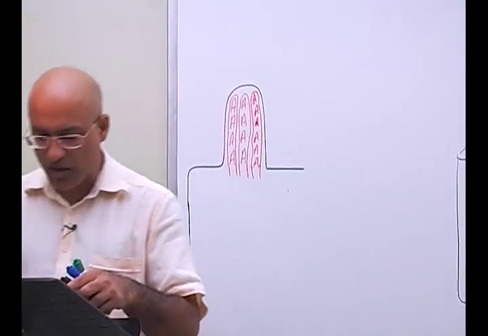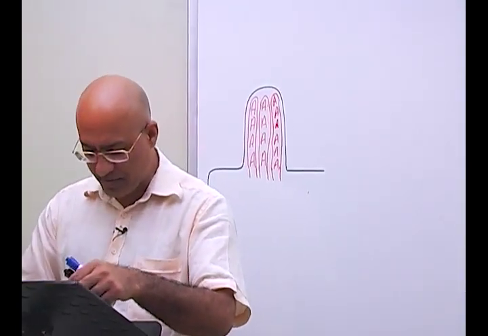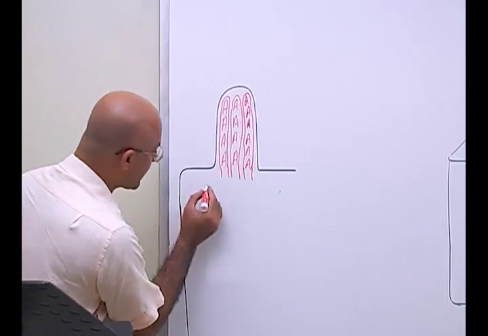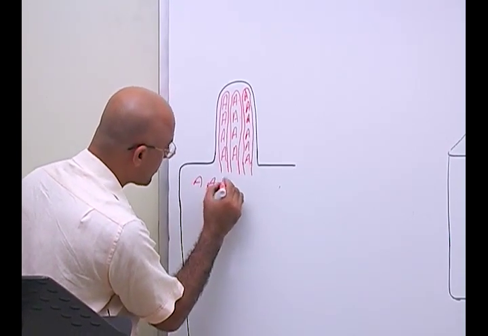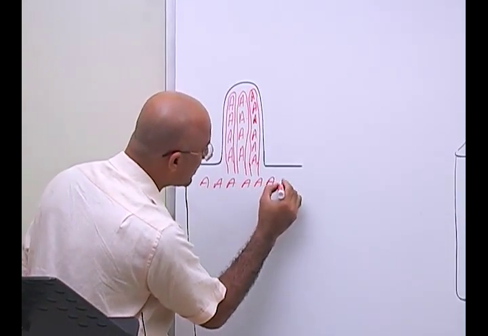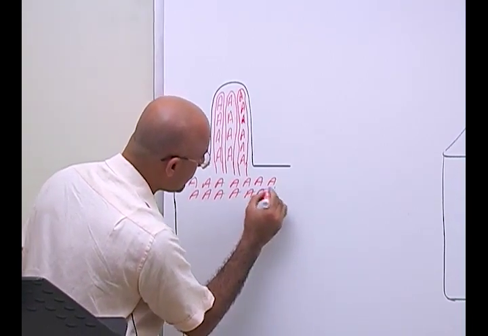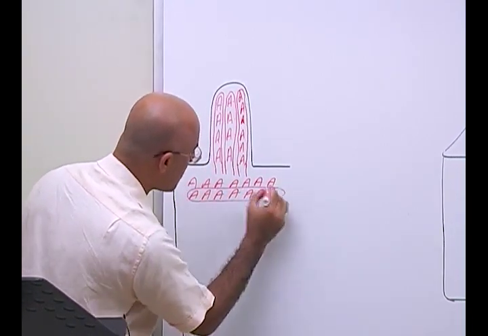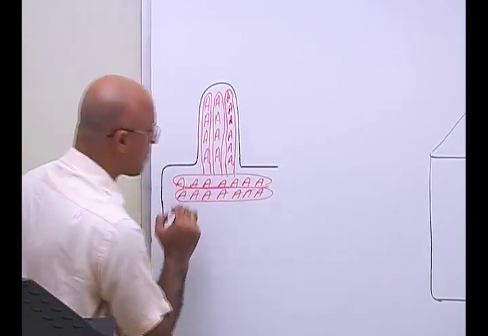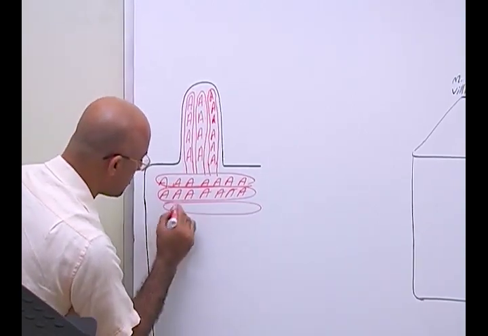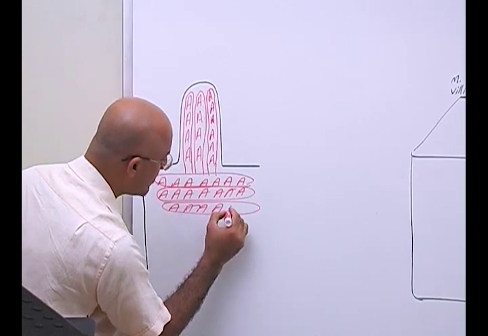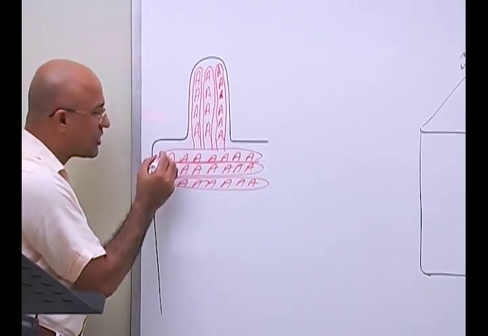This network of actin is like this. These are actin filaments, and this is another actin filament, and there are still some more actin filaments.